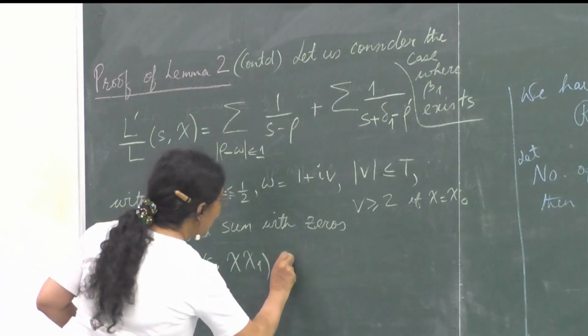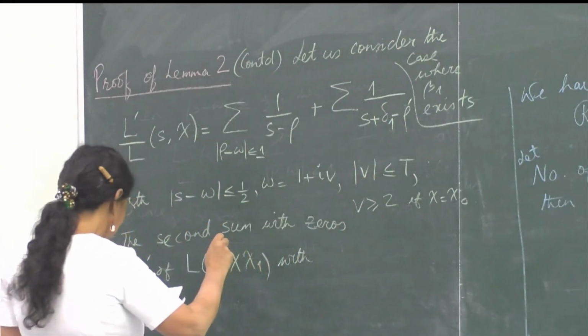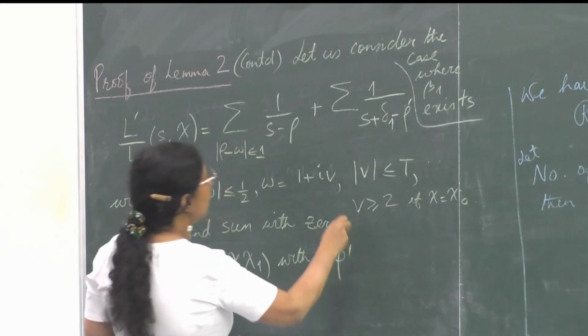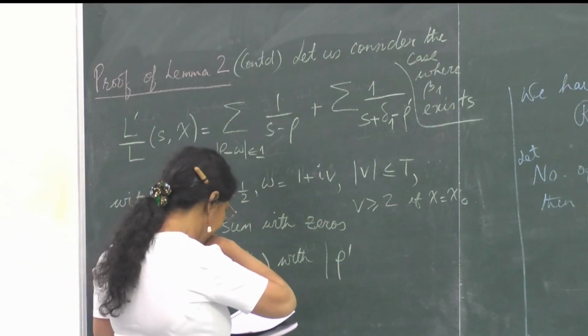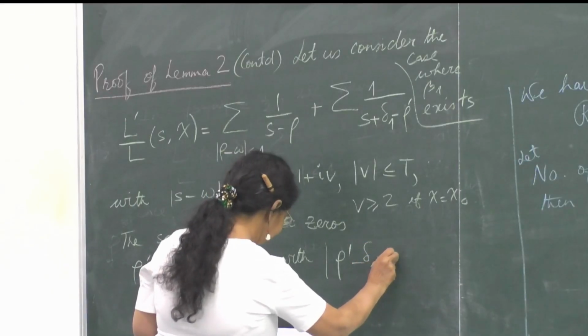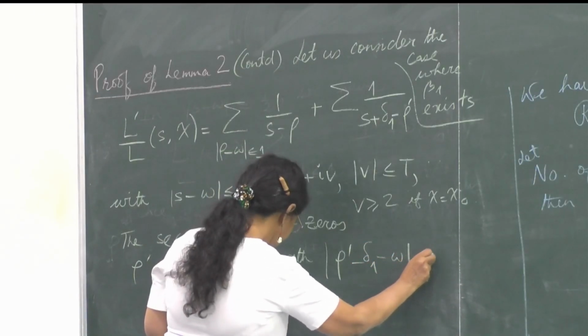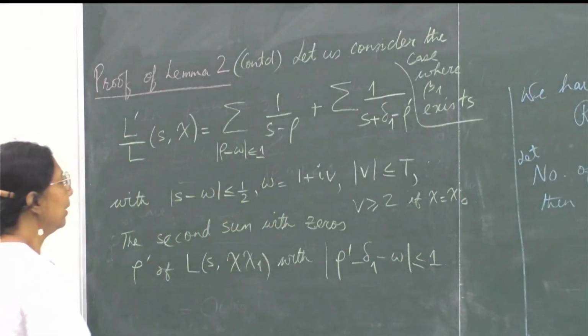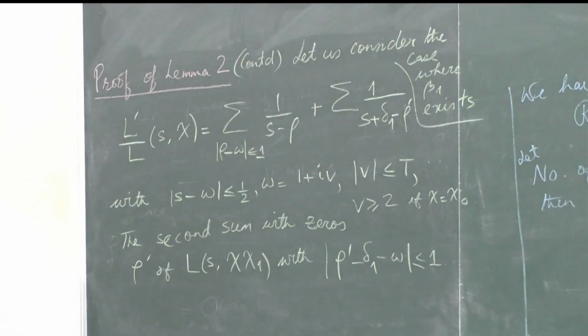And this time, rho prime minus sigma 1 minus W is less than or equal to 1. Now, supposing chi is equal to chi 0.